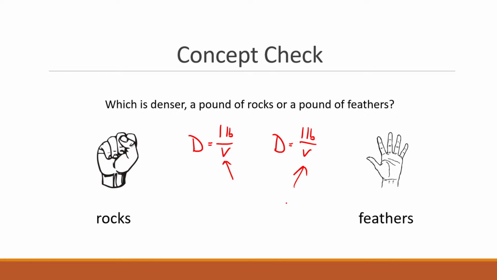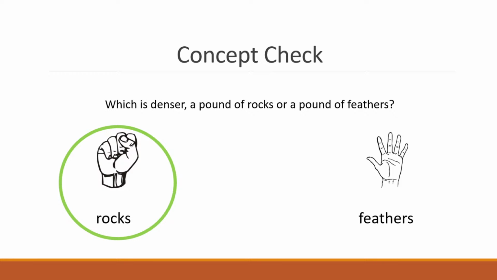And like you're pointing out in the chat right now, rocks will have a smaller volume, which means they will have a higher density. The rock, a pound of rock, fits into much less space than a pound of feathers.